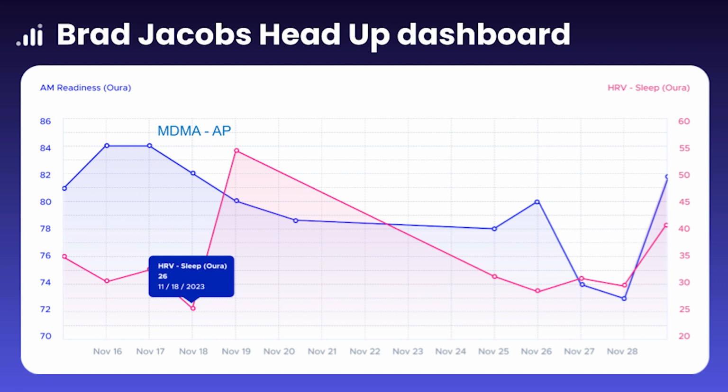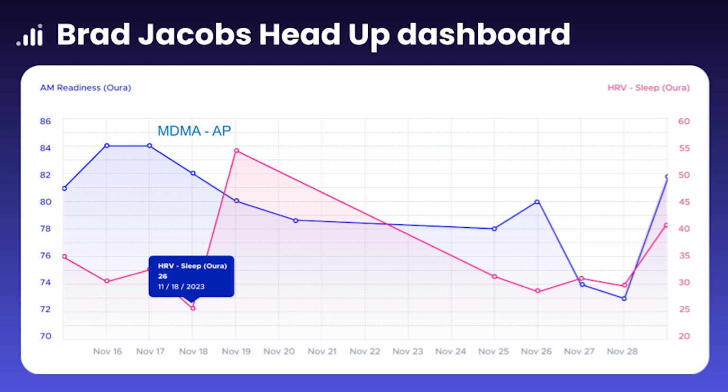The clinical research is showing that it's 3 times more effective than standard of care. The effect size is 0.9, which is unheard of for any clinical intervention. Normally FDA-approved drugs are at an effect size of about 0.3. This is roughly 3 times that.